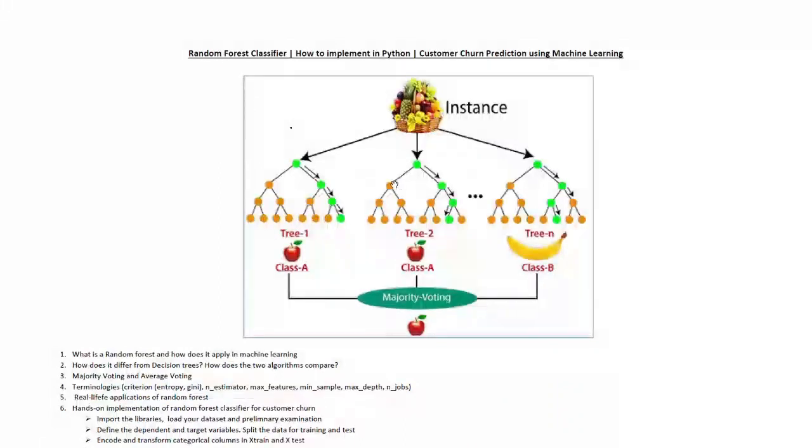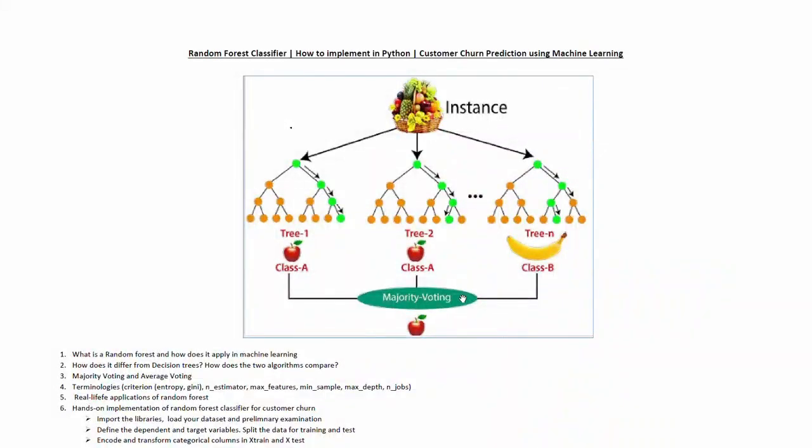In the picture on the slide, you have a basket full of different fruits. And if you are going to use this for classification, you can say a tree is here and you have two other trees. In order for a random forest to reach a final decision from the multiple trees, it either uses majority voting or it uses averaging.